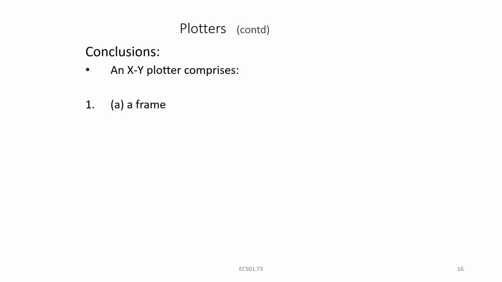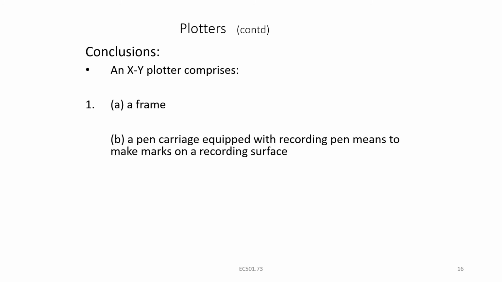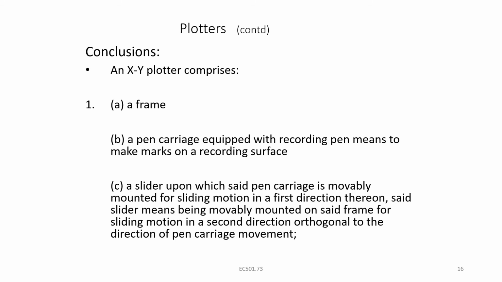So an XY plotter comprises a frame, a pen carriage equipped with recording pen means to make marks on a recording surface, a slider upon which the said pen carriage is movably mounted for sliding motion in a first direction thereon. Said slider means being movably mounted on said frame for sliding motion in a second direction orthogonal to the direction of pen carriage movement.